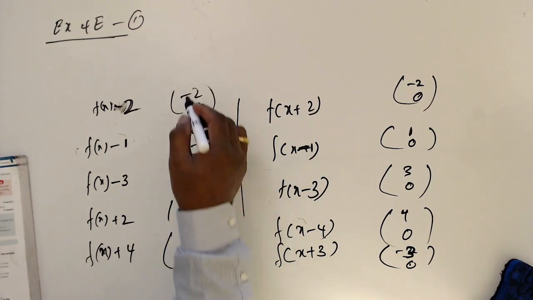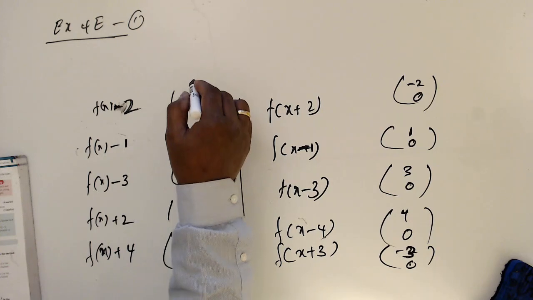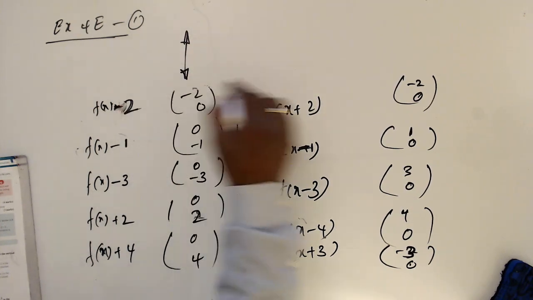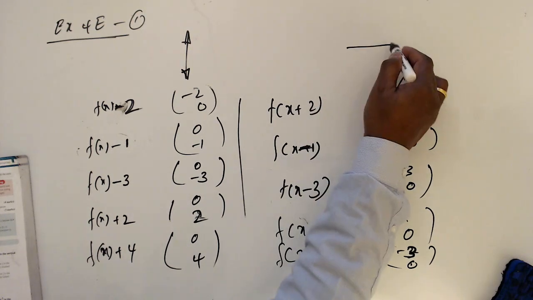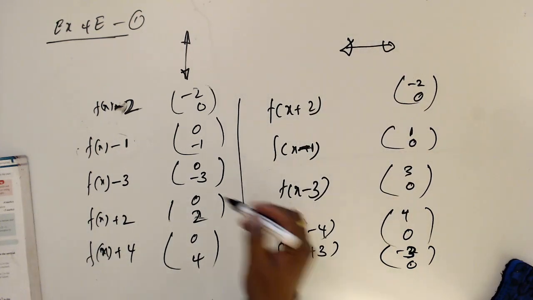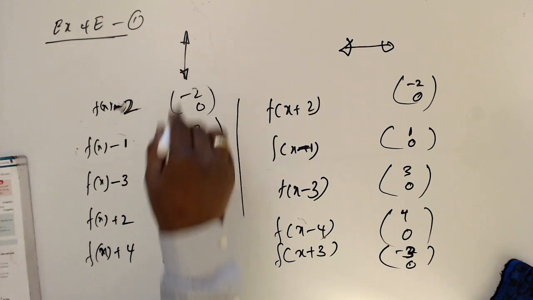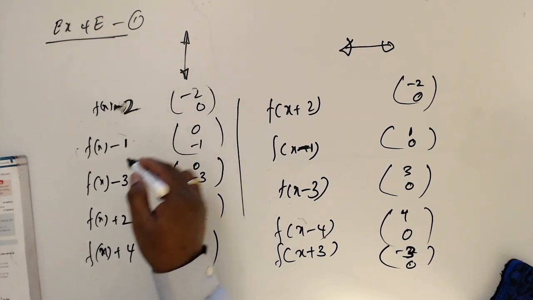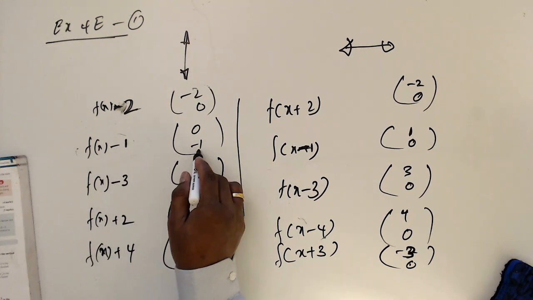Now when you look at this one again, this is vertical movement. This is horizontal movement. The vertical movements match with our brain. When we shift down, it is minus 2. Shift 1, it is minus 1.